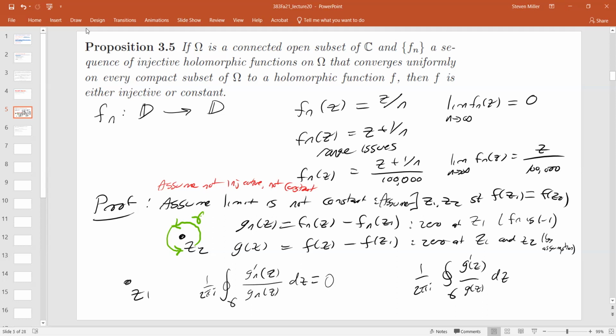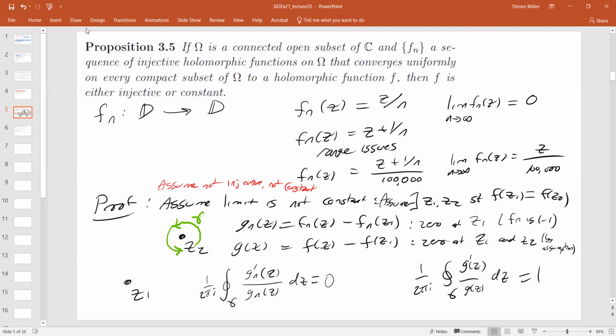Okay, why 1? So how do we know there's only 1 zero? Good, by itself, we know the function's not constant. So if I could choose for any gamma, if I could always find another zero, what would happen?